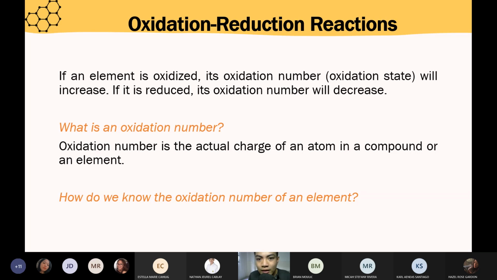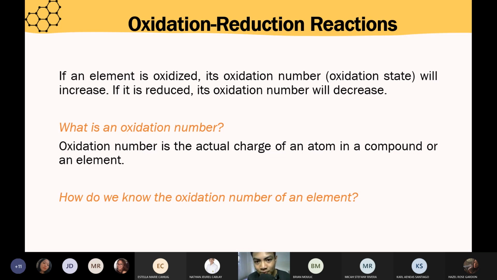Again, pag sinabi kong oxidation number, basically, this is just the charge of an atom. Di ba sabi ko kanina, for you to determine if siya ay na-oxidize or na-reduce, just look at the charge. Pag tumaas yung charge niya, oxidation yan. Pag bumaba yung charge niya, reduction yan. If it becomes more positive, oxidation, more negative, reduction.